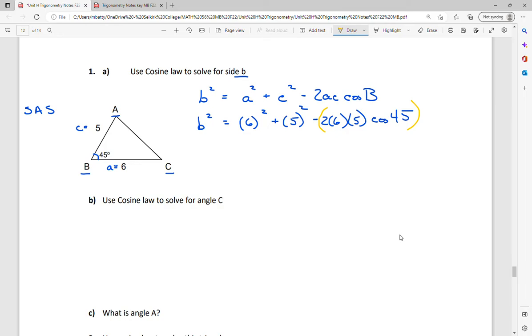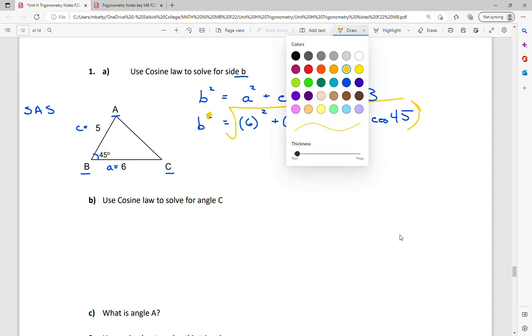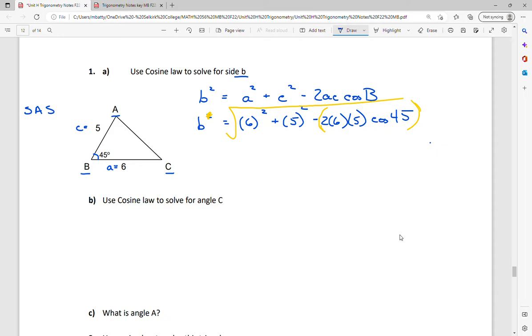So I can put in 6 squared plus 5 squared minus, put in that bracket, type all that in, end your bracket, and then don't forget to take the square root when you're all done this. So all of that work can be done on your calculator. Give it a try. B would equal 4.3 on my calculator.